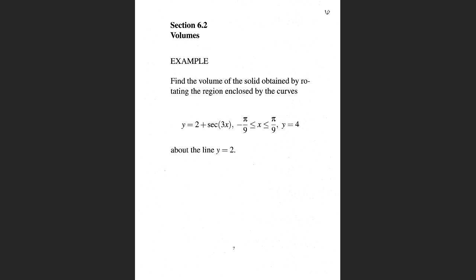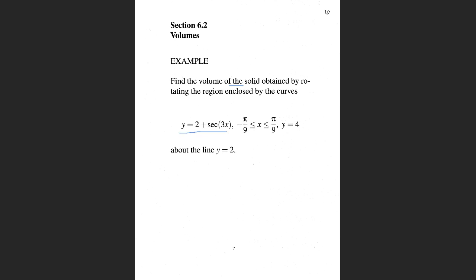Okay, so here we want to find the volume of the solid obtained by rotating the region enclosed by the curves y equals 2 plus the secant of 3x.